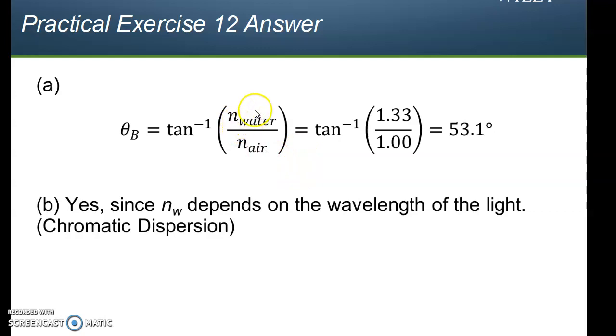So because this depends upon the wavelength of light through chromatic dispersion, n water, this Brewster's angle is going to depend upon the wavelength of light. And that's the end for this particular chapter.